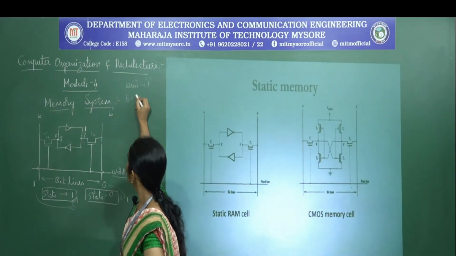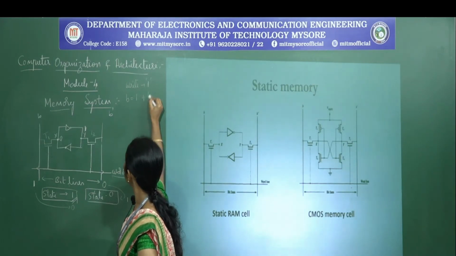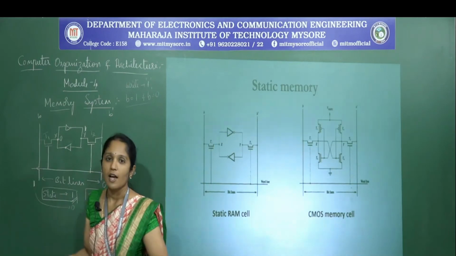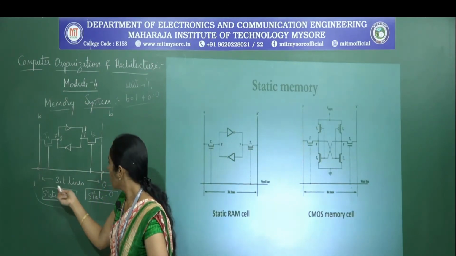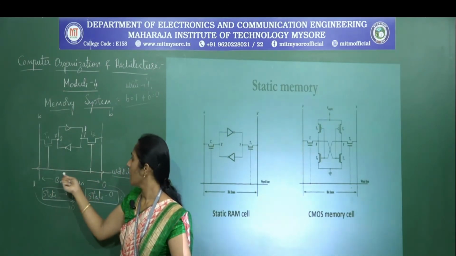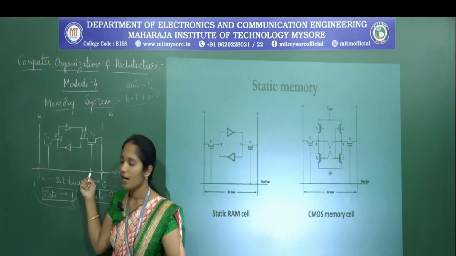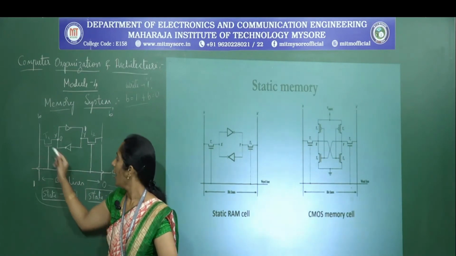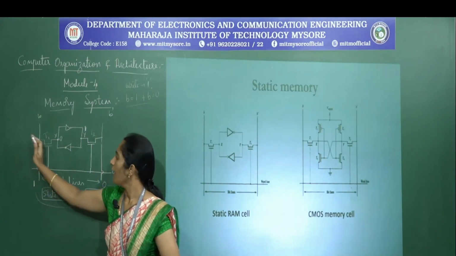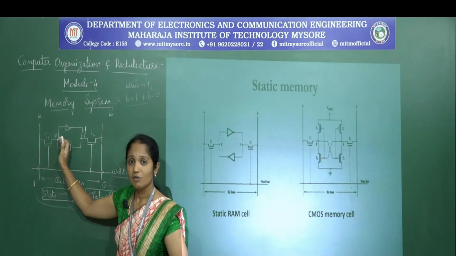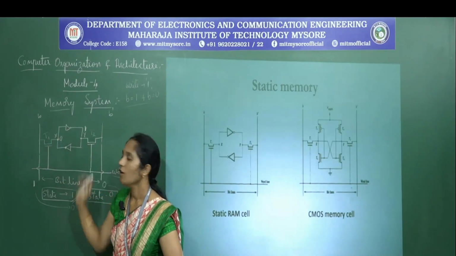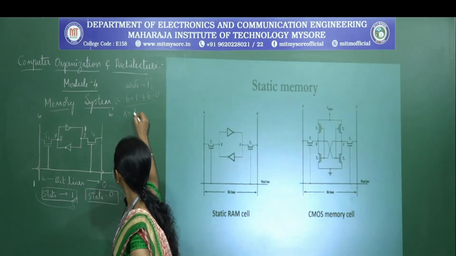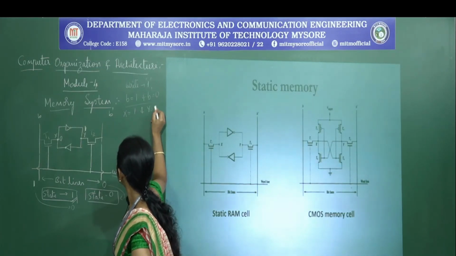B value is 1 and B dash value is 0. This will be sent over these lines, and then it is going to activate the word line. When this is activated, T1 and T2 will be turned on, and this acts as a short, and it is going to copy the bits which are sent to the X and Y values. After copying, node X becomes 1 and node Y becomes 0.